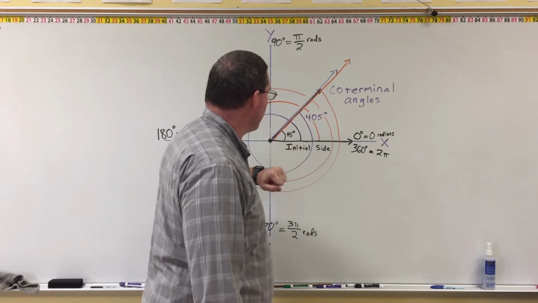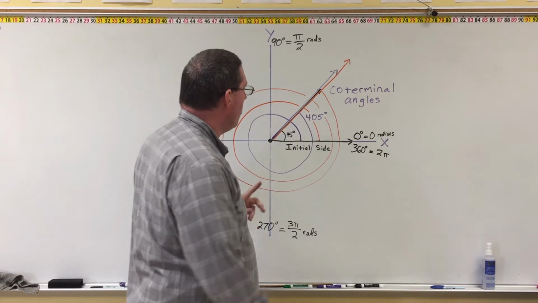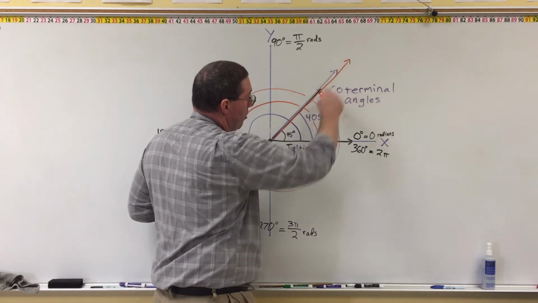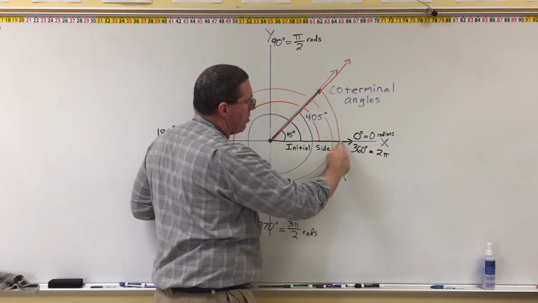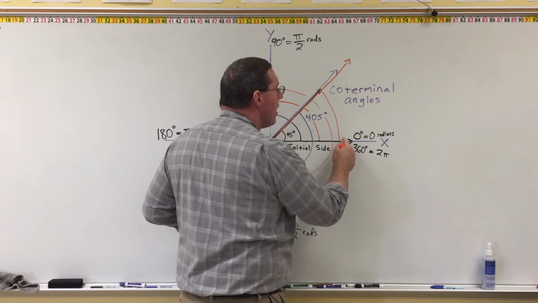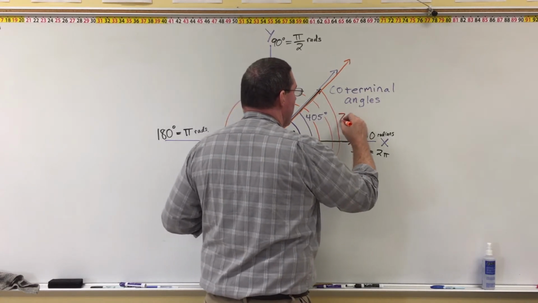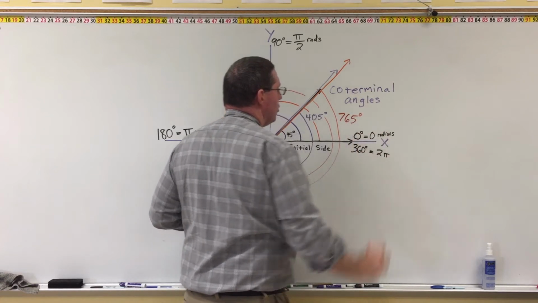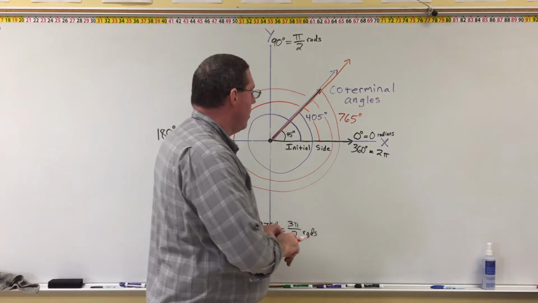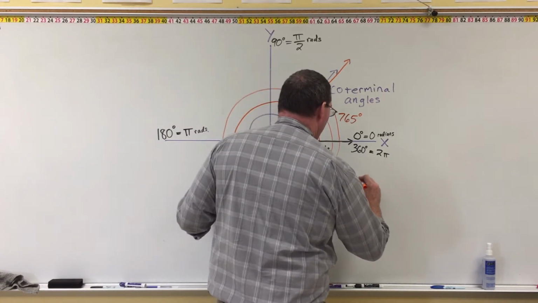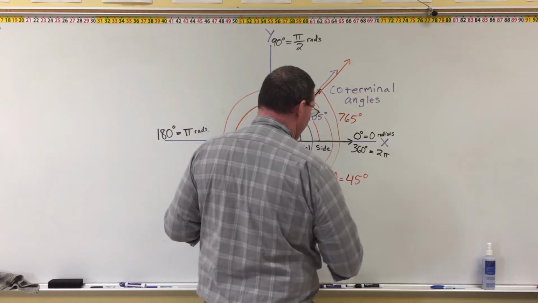It's sitting right on top of the terminal side of the 405-degree angle. And what this terminal side did is it went around 360, then it went around another 360, so that's 720. Then it went another 45 degrees, and that makes this angle a 765-degree angle.